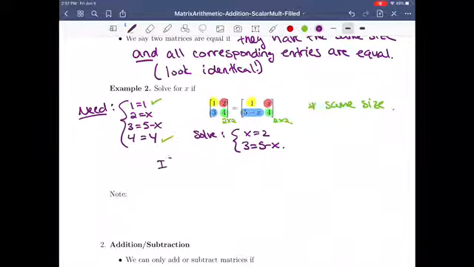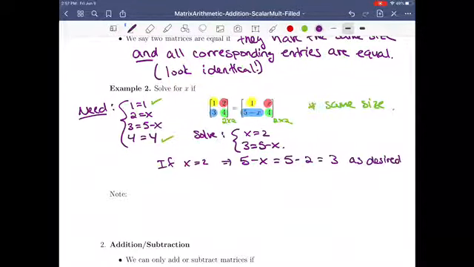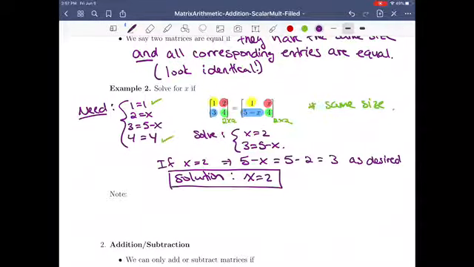If x is equal to 2, then 5 minus x is 5 minus 2, which is 3, as desired. So our only solution that would make these two matrices equal is when x is equal to 2, because then the x equals 2 equation is satisfied, and also the 3 equals 5 minus x equation is satisfied.